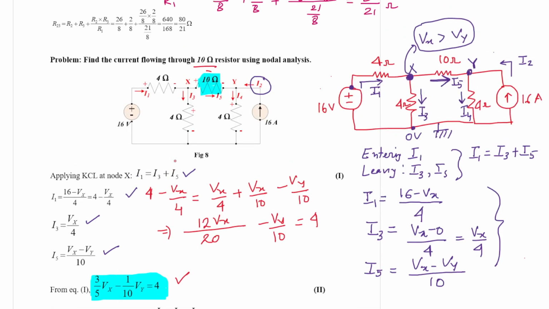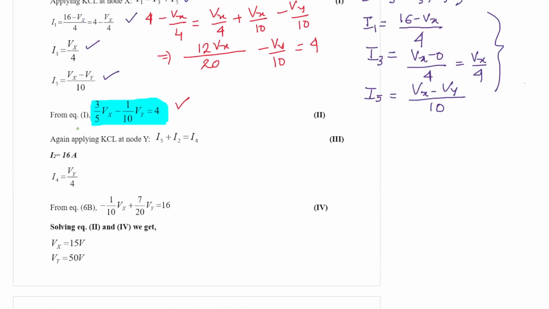Now coming to the node Y side. If we draw the diagram again, this is the 16 volt voltage source, we have a resistance, and again we have a resistance.